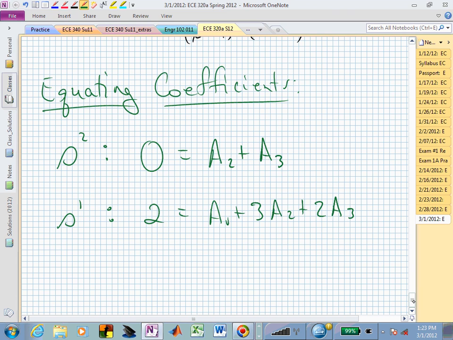And finally, the constant coefficient. On the left, I believe it was 2s plus 1, so we have the 1 scaling the s to the 0 term. And on the right, we had 2a1 plus 2a sub 2 plus a sub 3.